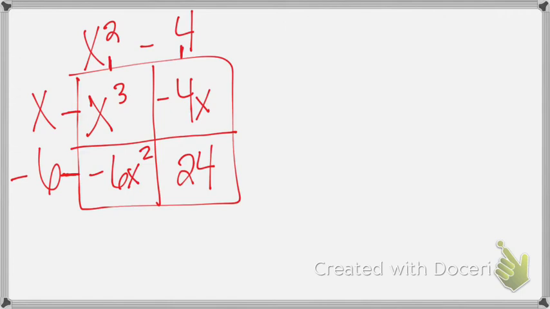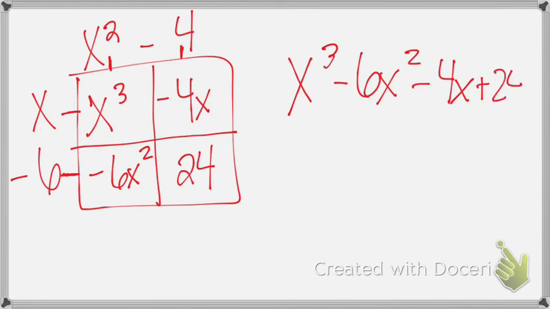The highest power, highest degree. So you should have x cubed minus 6x squared minus 4x plus 24. Yes? Better? No? Okay. On C, you see three things, right?